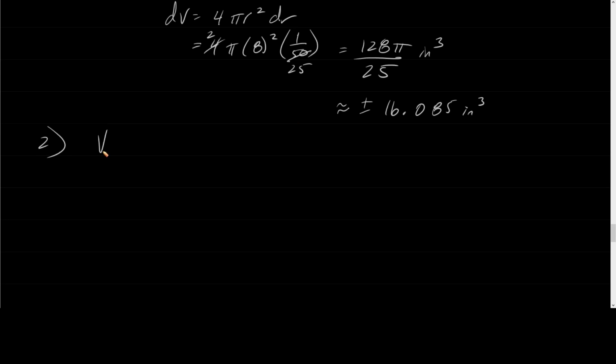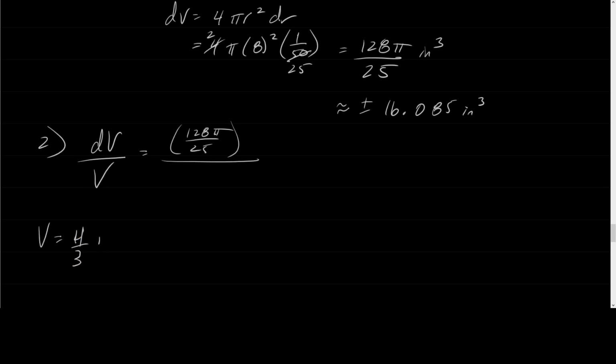Because what we need is the differential over the actual volume. So this is the measured error over the total volume, and we already know what dV is. I'm going to use a fraction, 128 pi over 25. And what was the actual volume? We had 4/3 pi r cubed, and the volume that we measured was with 8 radius.